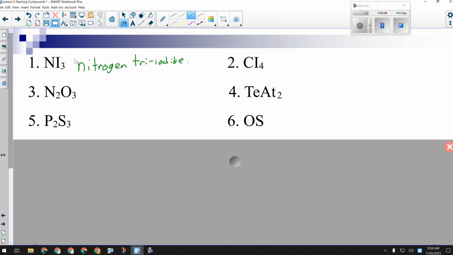Do I need a prefix? No. What prefix do I put on the iodine? Tetra. Carbon tetraiodide. Number 3, what prefix do I put on the nitrogen? Di. And on the oxygen? Tri.